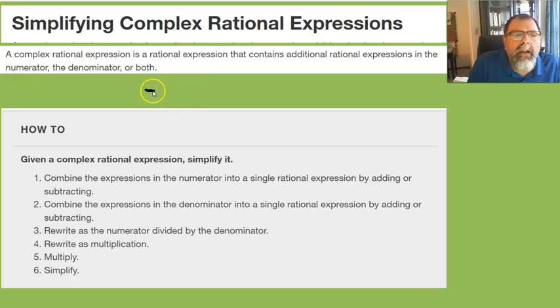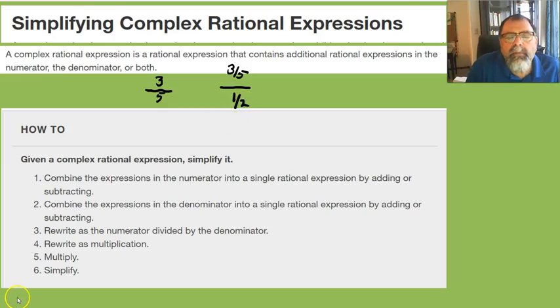If I had a fraction where you have a numerator, say 3/5, that's just a regular simple fraction. Okay, a complex fraction would have a fraction in the numerator, or in the denominator, or both.